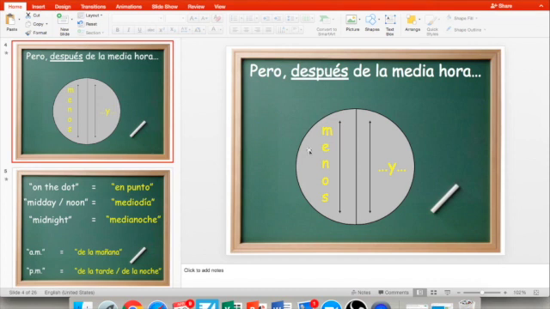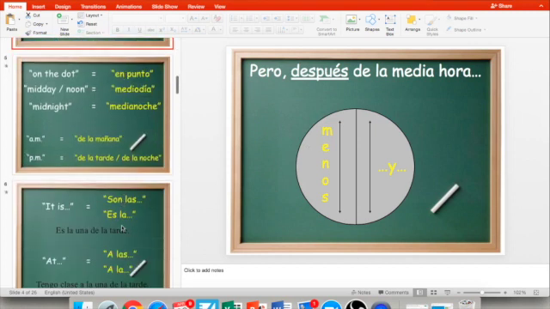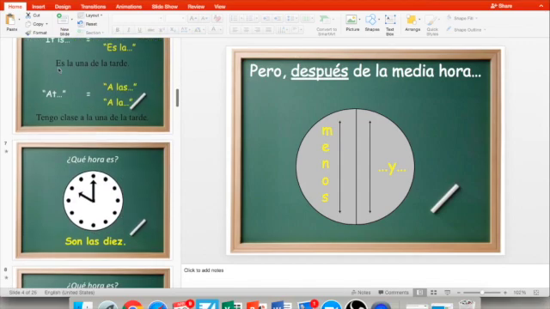But whenever you get into anything above 30, it's more common to subtract from the hour that follows. For example, with 2:45, instead of saying it's 2 and 45, in Spanish you might say it's 3 o'clock minus 15 minutes, which would give you 2:45. If the time were 5:50, instead of saying 5 and 50, you might say that it's 6 o'clock minus 10 minutes. Okay, so you can go either way with these.